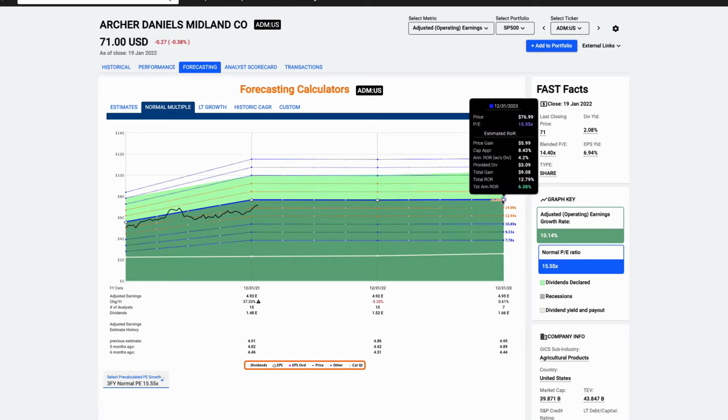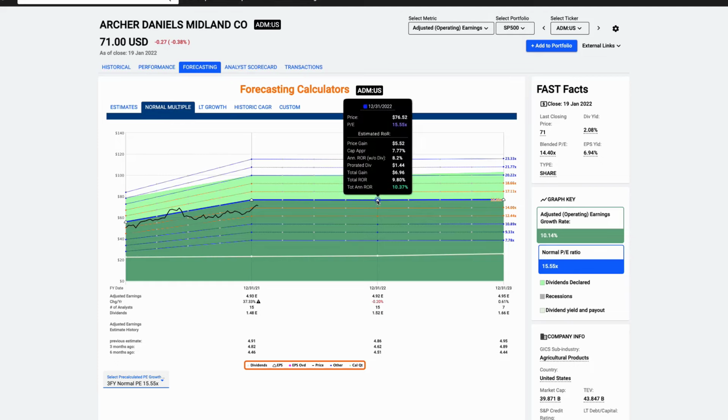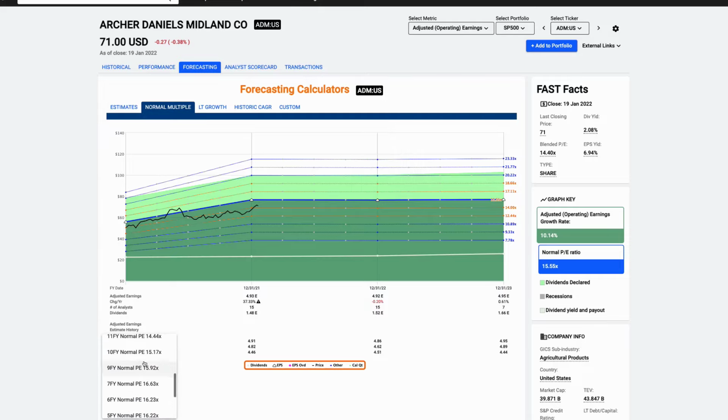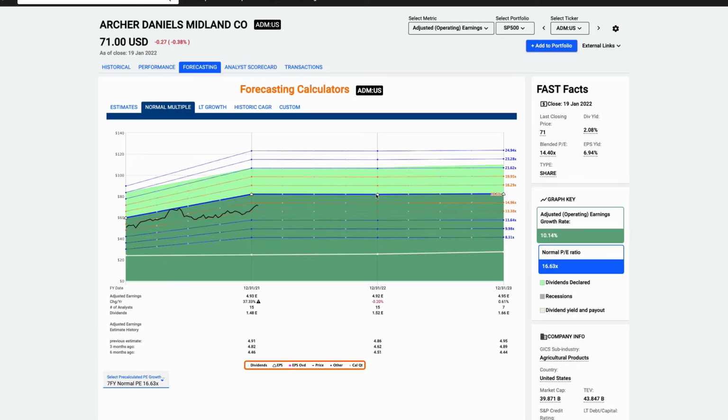That's all changing the valuation line of this, which all changes the numbers. So this is right now at a 15.55, which changes the total annualized rate of return in this case to 10.37%. If this was at the 7-year at 16.63, now it's at a higher rate of return because the valuation line is higher. This is just to see what the market has appraised it in the past.